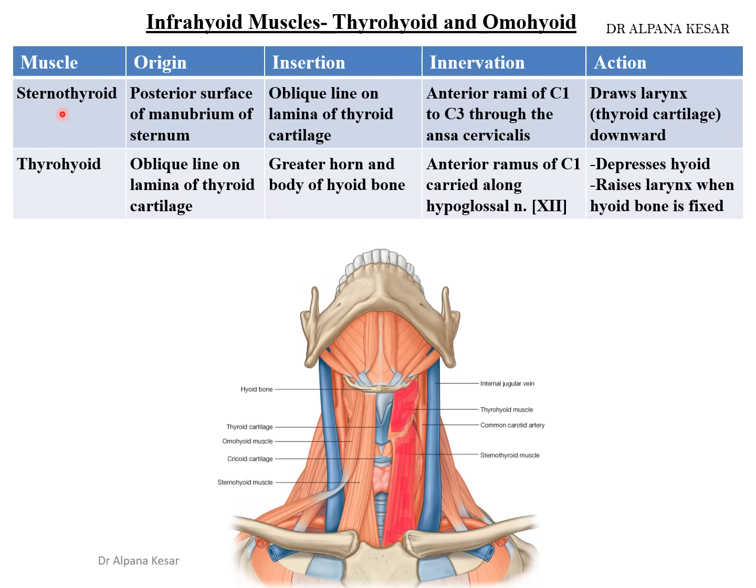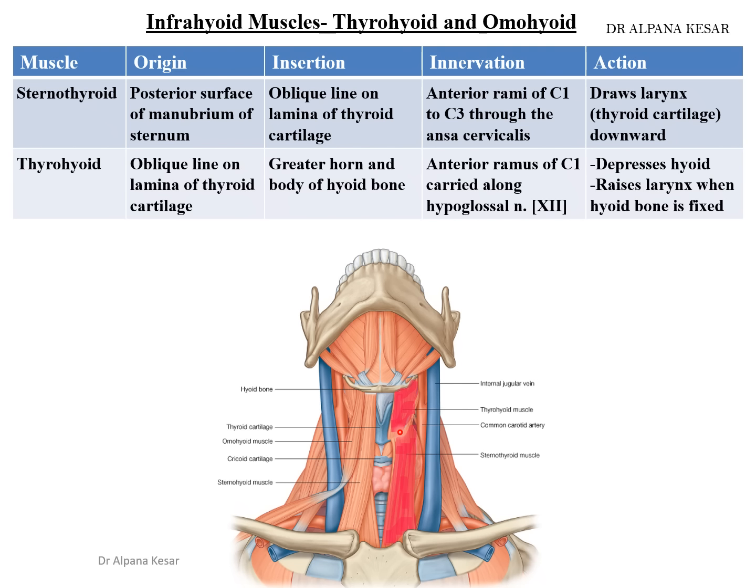Further, we will do two more infrahyoid muscles, namely sternothyroid and thyrohyoid. This is the thyroid cartilage and this muscle is sternothyroid and this one is thyrohyoid. Sternothyroid takes origin from the posterior surface of the manubrium of the sternum and gets inserted in the oblique line of the lamina of the thyroid cartilage.